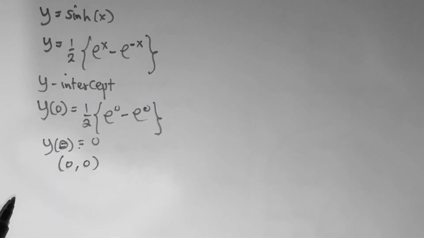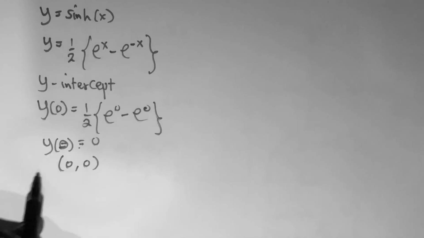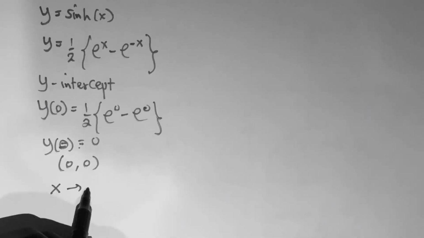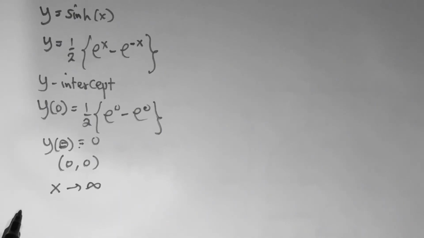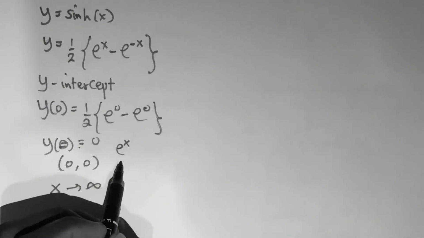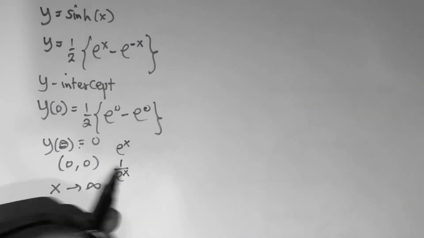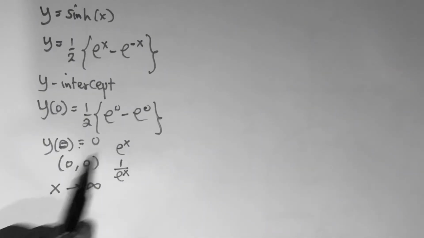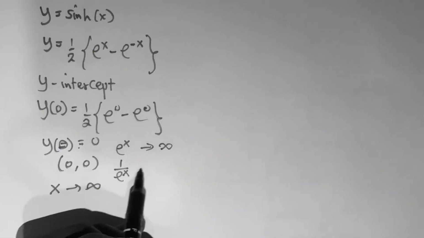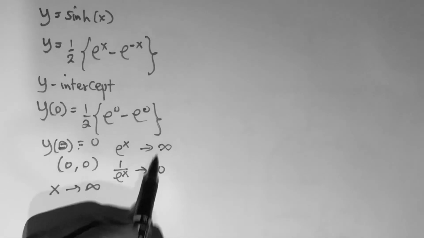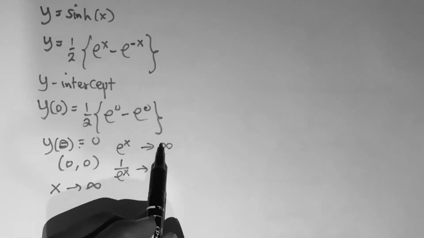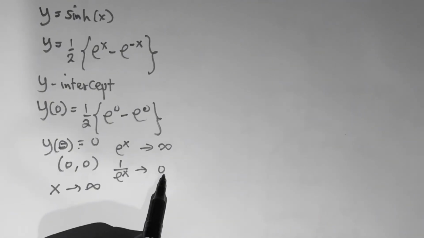Now let's look for limits at infinity. As x approaches infinity, remember that we are talking about exponent x and then 1 over exponent x. What happens to this curve? Exponent x approaches infinity, but 1 over exponent x approaches 0. Infinity minus 0 is infinity.